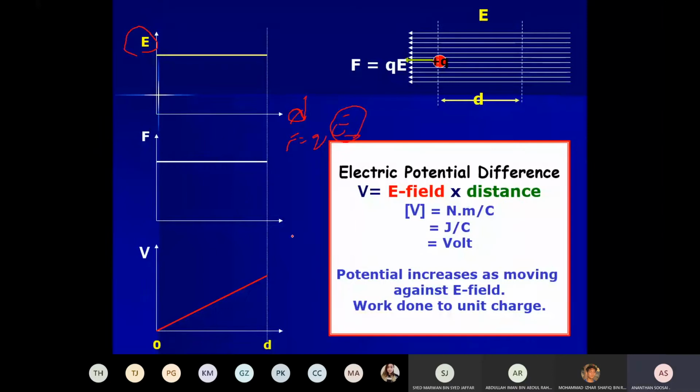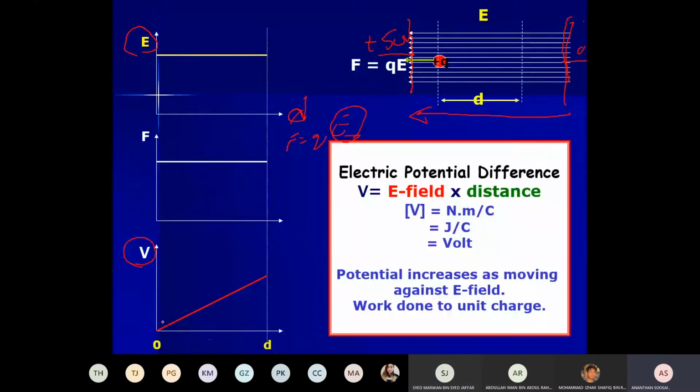Next, the potential. Something new. When you move from this plate towards the other plate, from 0 to d, the voltage rises. Let's say this plate is vertical, this is positive 50 volt, and this is 0 volt.